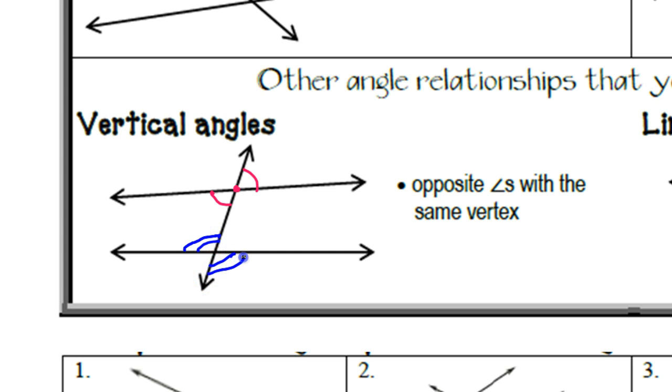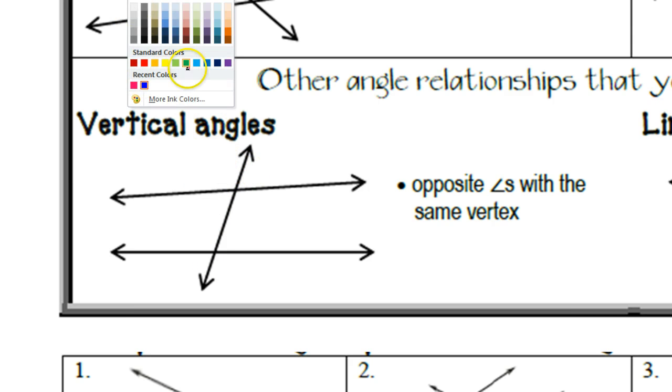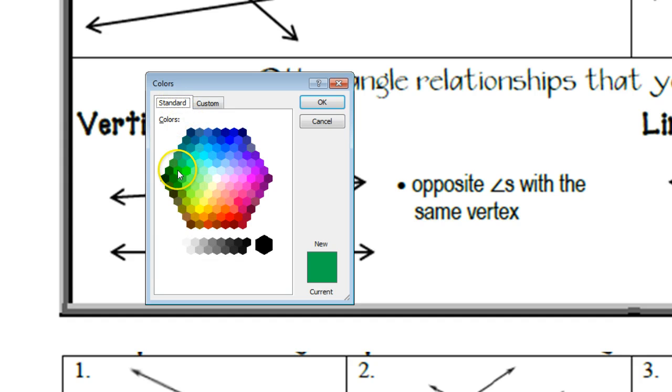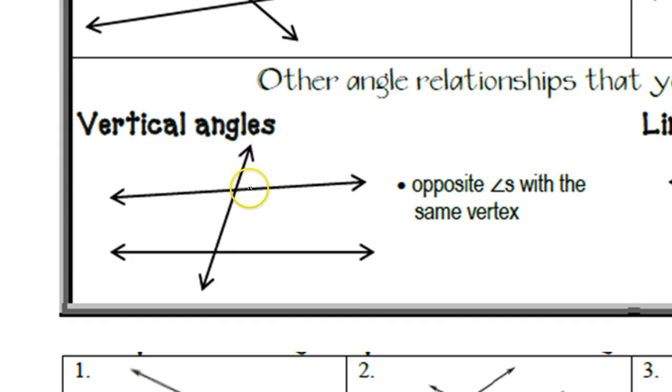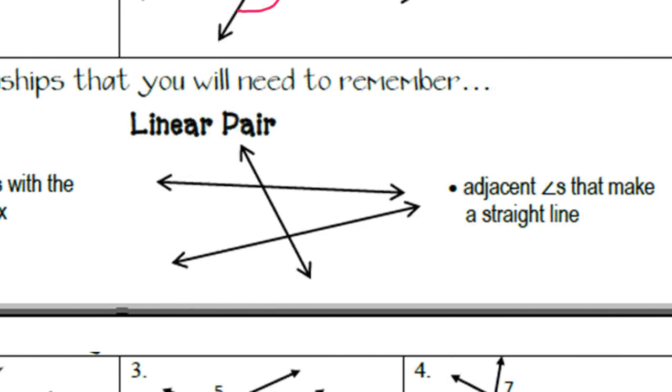These blue angles are vertical angles. I could switch it up and go the other way, using green. So these angles are vertical angles too. Anyway, you get it, vertical angles.